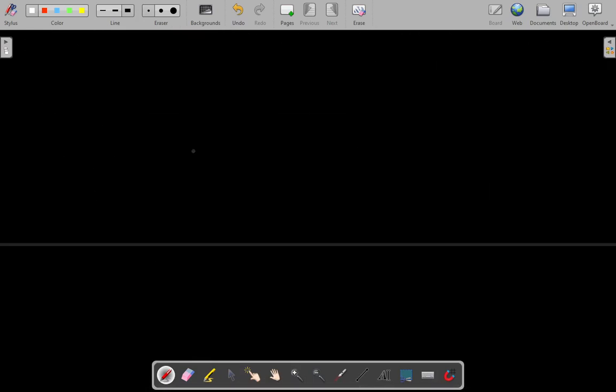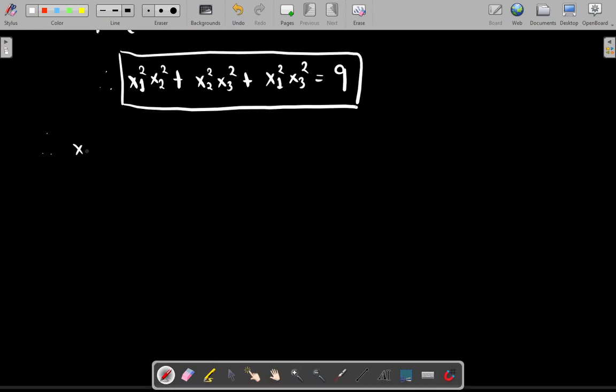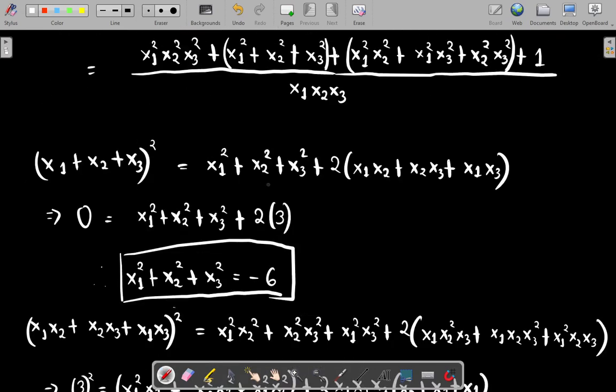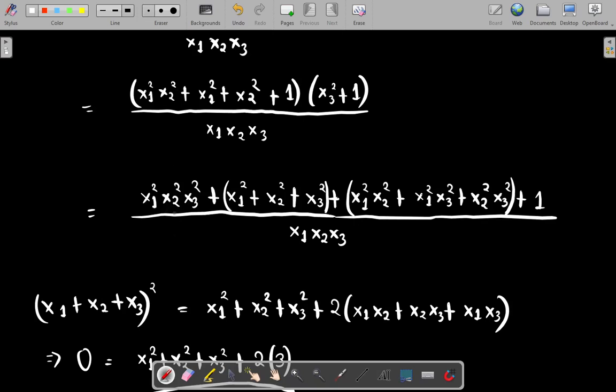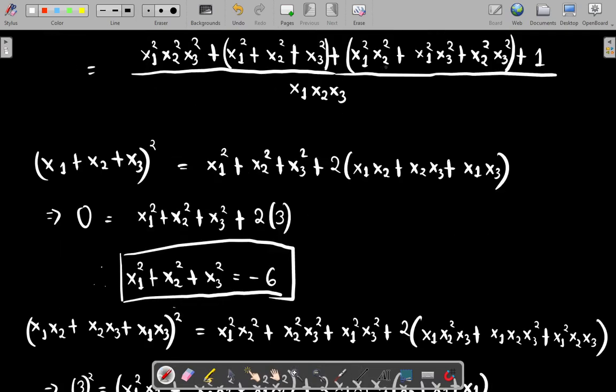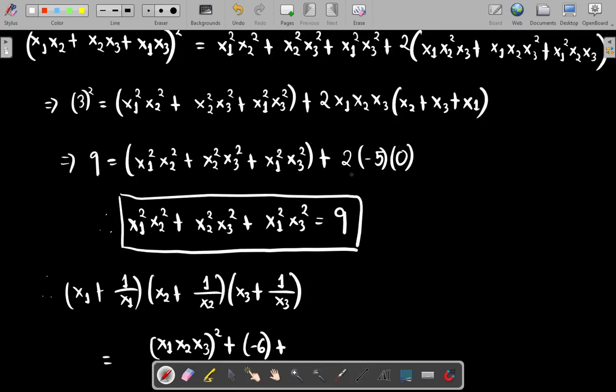So (x1 plus 1 upon x1) times (x2 plus 1 upon x2) times (x3 plus 1 upon x3) now becomes: the first term is (x1 x2 x3) whole square, plus x1 square plus x2 square plus x3 square, which is minus 6, so we substitute minus 6 here, plus the other term x1 square x2 square plus x1 square x3 square plus x2 square x3 square, which is equal to 9.